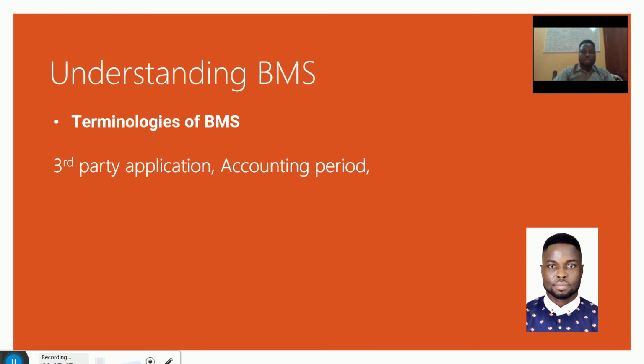But just because it suits your need, you need to integrate it into your home processes. There are so many ways of integration. At times there is what we call API, so they exchange data at every point in time. Those are the things you need to also make inquiries on.